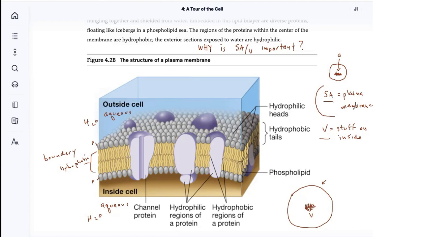It needs to be adequate in size in order to feed all the stuff that's on the inside of the cell. And if you simply grow in size, you're increasing the volume at a much faster rate than you increase the surface area, and you end up having a cell that's unable to feed itself as effectively.